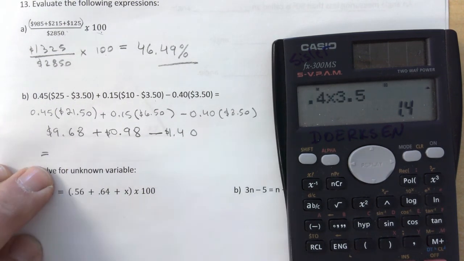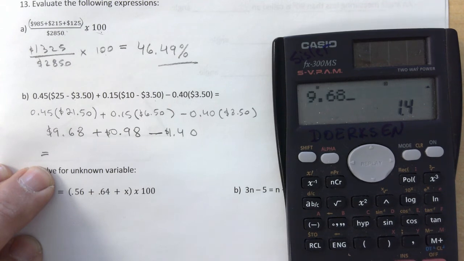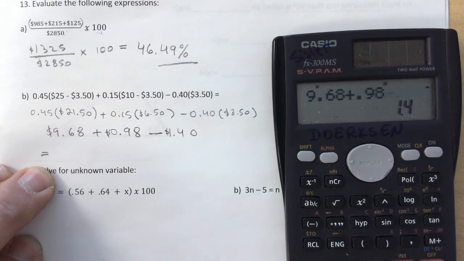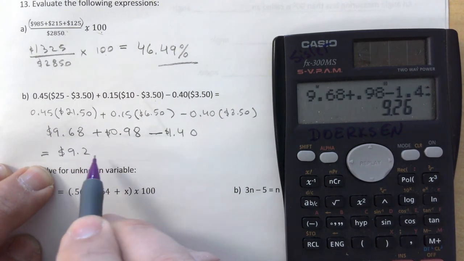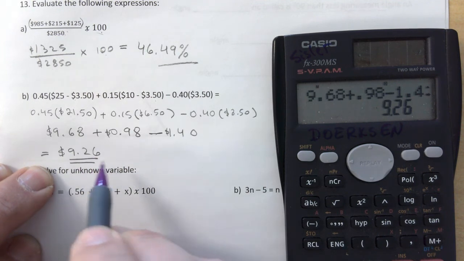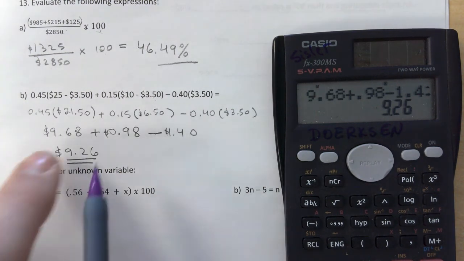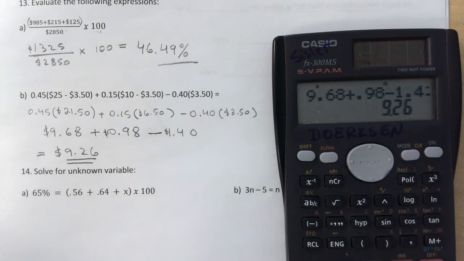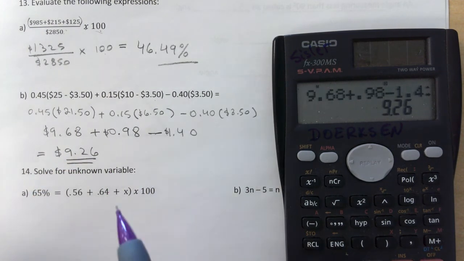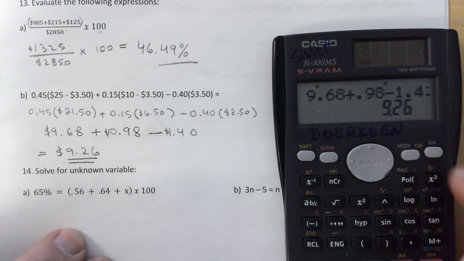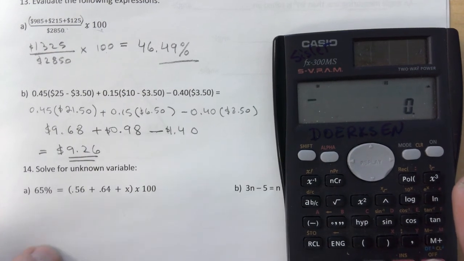And then we're going to figure out what that is. So 9.68 plus 0.98 minus 1.4. And you're like, what? This is supposed to be 925, Mr. Dirksen. If it is with dollar amounts, it's okay to round from one line of the work to the next. That's the only time rounding early is not going to affect you. So if you get 925 or 926, I'm going to accept them both. Okay.